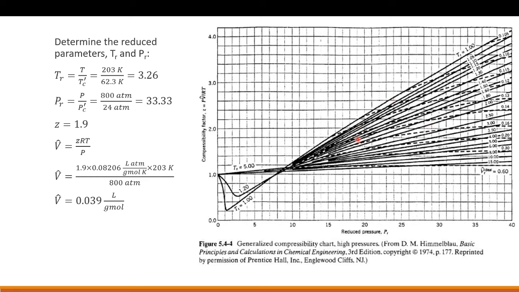Now, how do we determine Z with the TR and PR values? PR is on the x-axis here. You see you have 0, 5, 10, 15, 20, and so PR is 33.3. So we draw a vertical line at the point of 33.3, which is about here. Next, we have to draw the line for TR that intersects at 3.26.